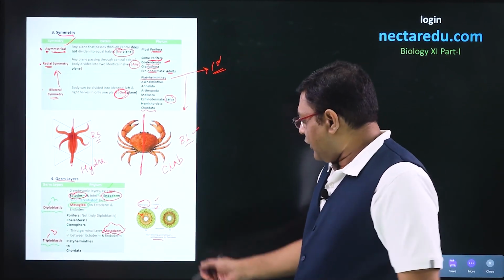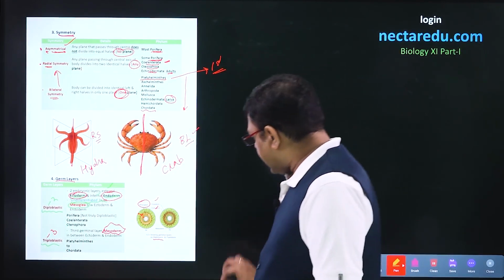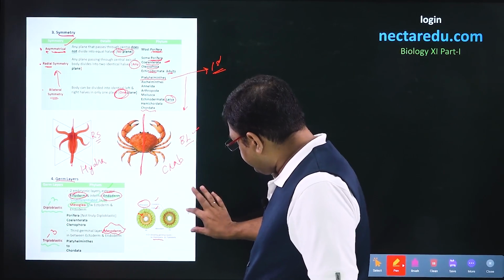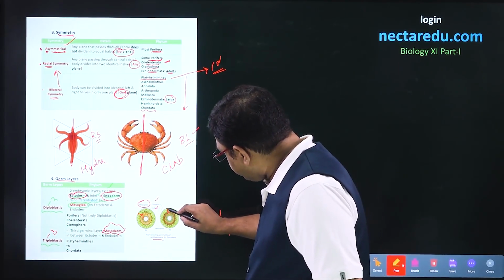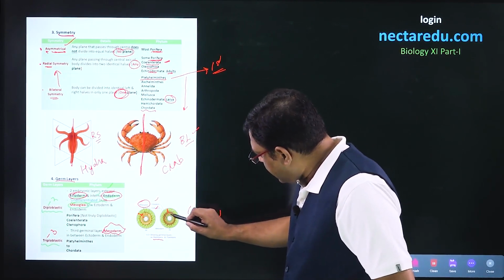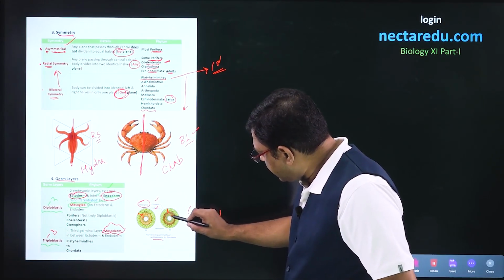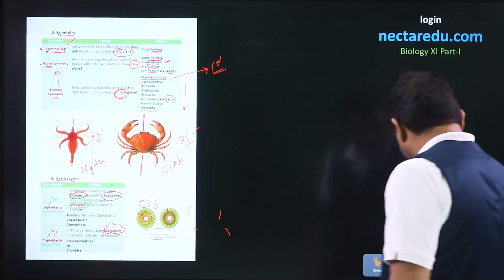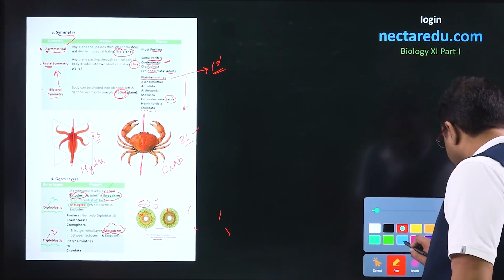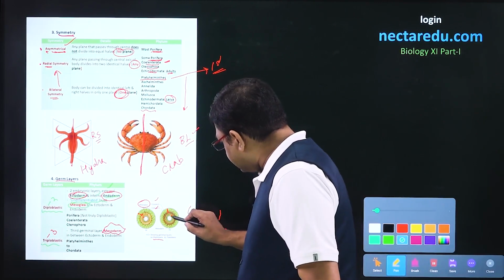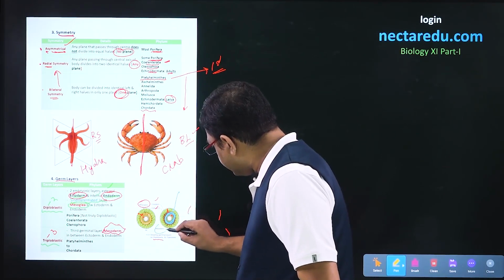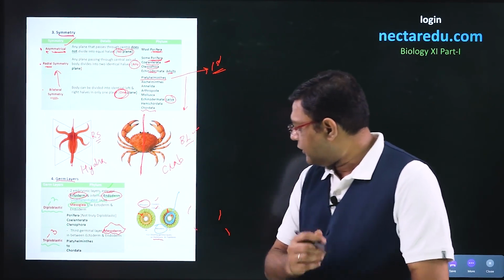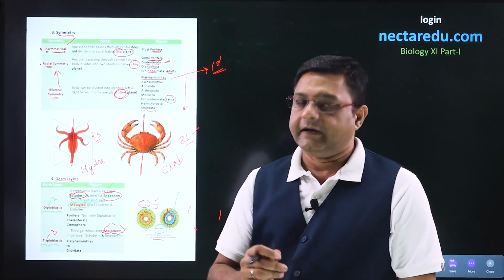Now, if we look at this particular diagram, the outside layer is the same ectodermal layer. The inside layer is the same, the endodermal layer. And the additional layer comes in between, and this layer which has come in between is the mesoderm. So that is how it comes to be a triploblastic condition.